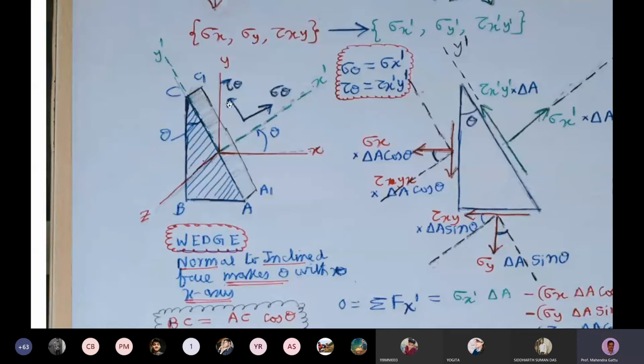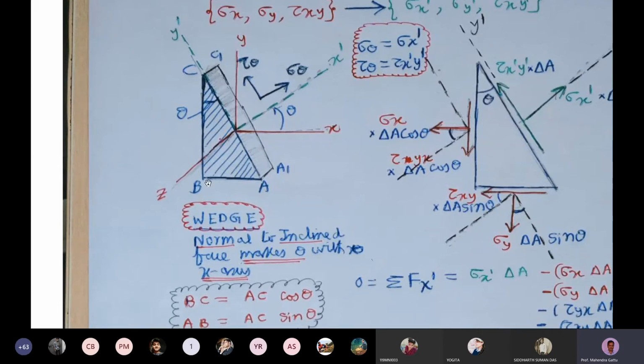The orientation is such that this tau theta will produce an anti-clockwise rotation. So the convention is whenever tau theta produces anti-clockwise rotation, that is a positive value. So we are orienting it in the positive way: sigma theta and tau theta.